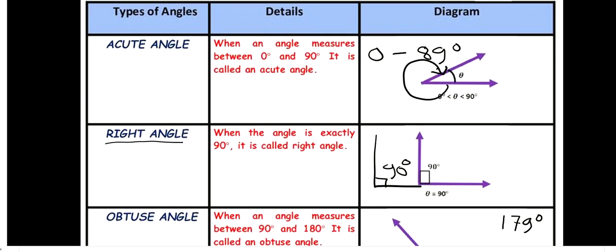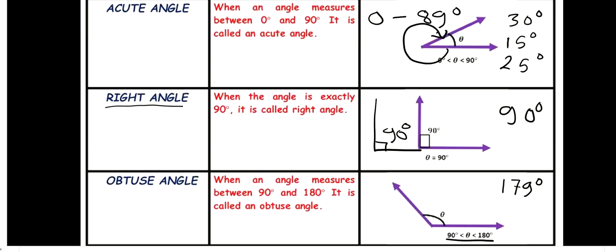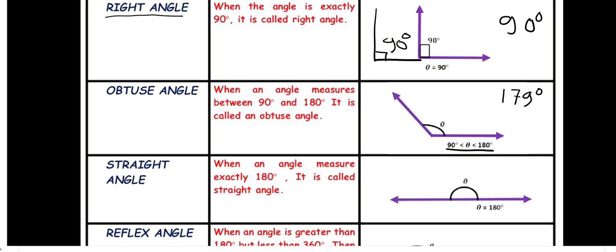Now let's take examples of all these types of angles. For acute angles, you can say 30 degrees, 15 degrees, or 25 degrees. For a right angle, it's always just 90 degrees. For obtuse angles, you can have 179 degrees, 110 degrees, or 95 degrees, because it is greater than 90 and smaller than 180.